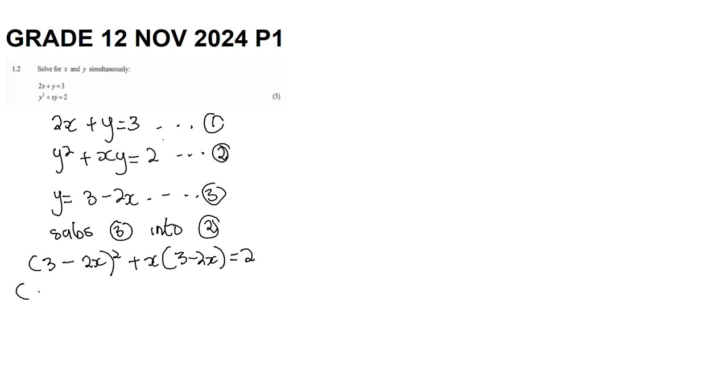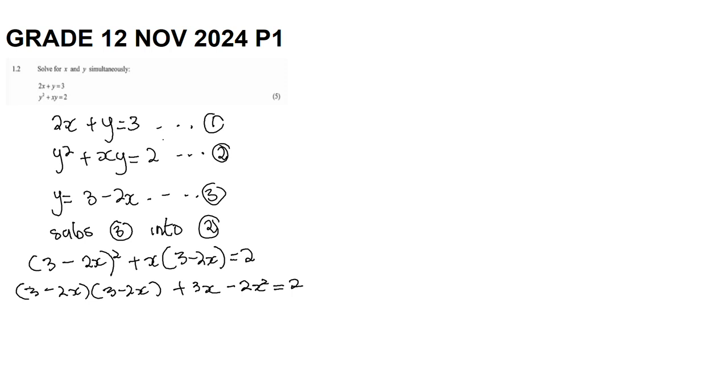Just open your brackets now. 3 minus 2x, times 3 minus 2x, plus now we're going to multiply everything here. So it's x times 3, which gives us 3x, and then x times negative 2x, which gives us negative 2x squared. All this equals 2, guys.